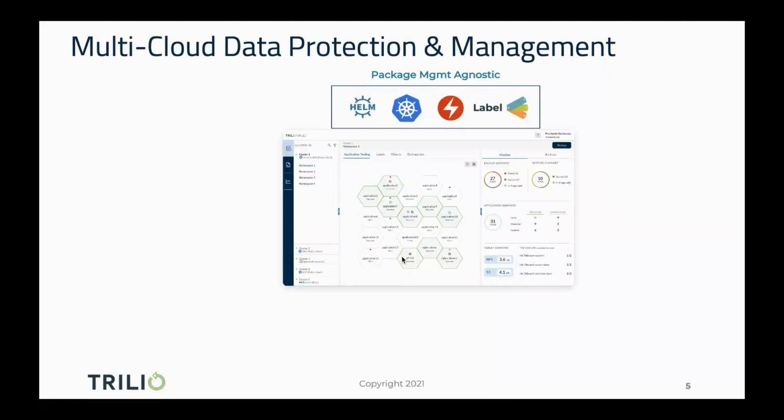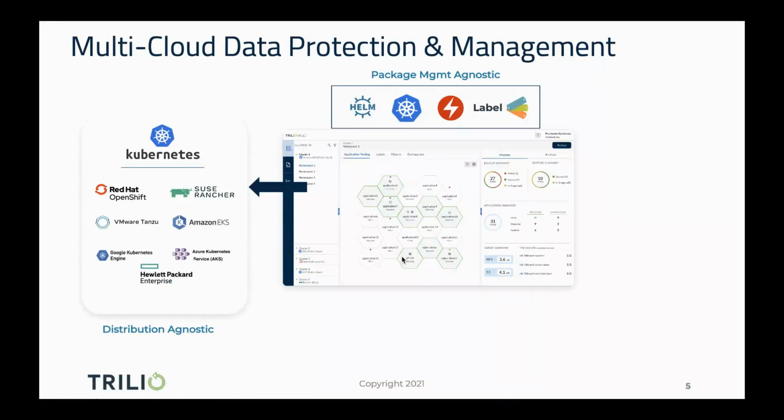And we choose how to go about backing up those applications in 4 different ways. You can do it by Helm, by namespace, by operator, or by label. You select one of the 4, and Trilio will go in and automatically back up every single object, every piece of data and metadata associated with your application, so it can be recovered at that exact point in time at a later date.